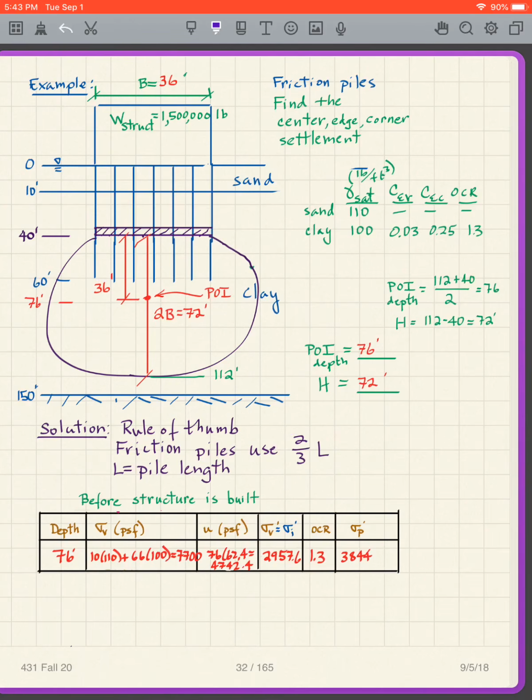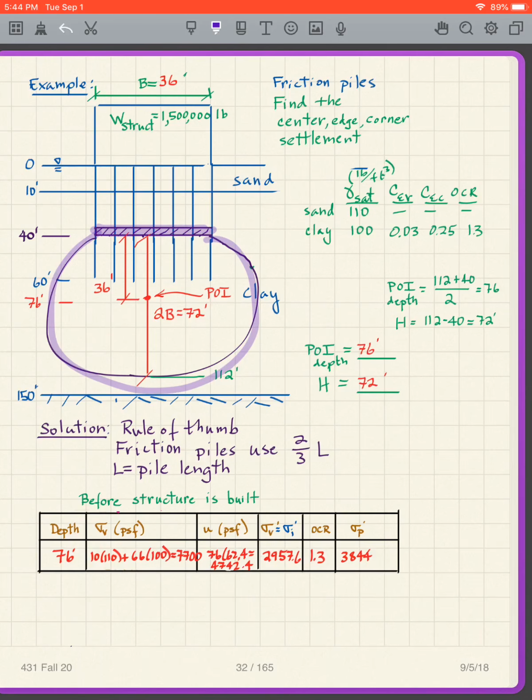That's what people use. So the way that we analyze this problem is we don't put the load down here and draw our pressure bulb from here. Instead, what we do is we're essentially analyzing a mat at this depth and the pressure bulb going from that mat.